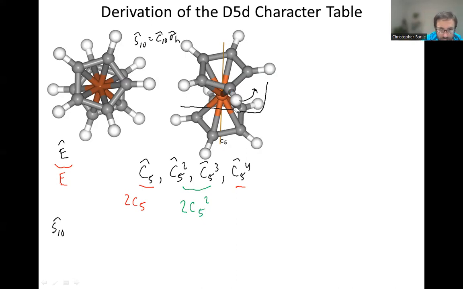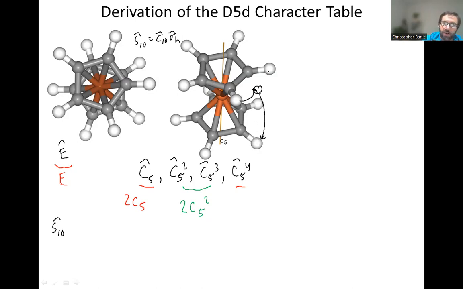And so what that does is take stuff from the top and bring it to the bottom and vice versa. So we took this atom, moved it here with the 36-degree rotation, and then we mirror plane it down to the bottom.